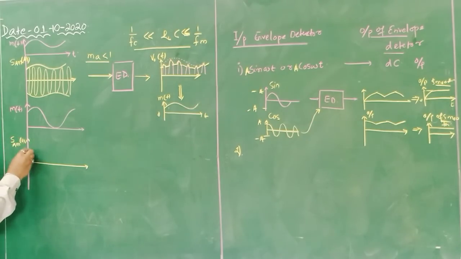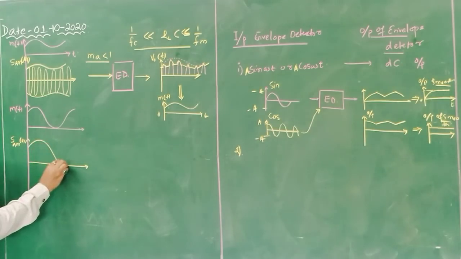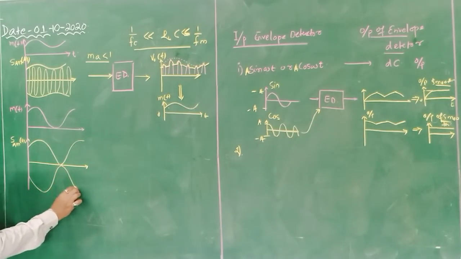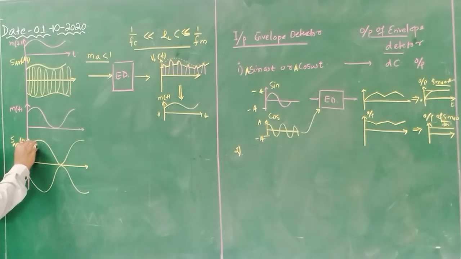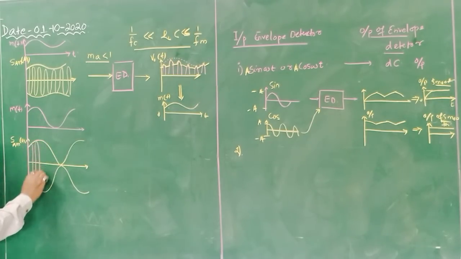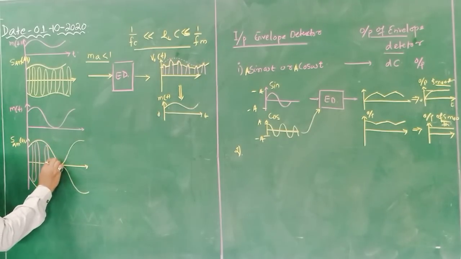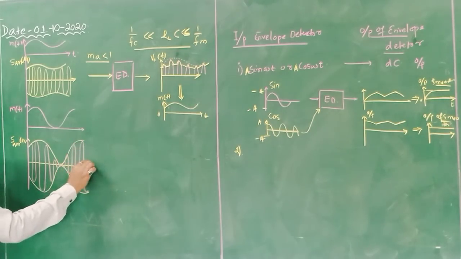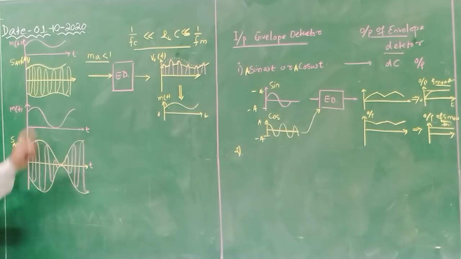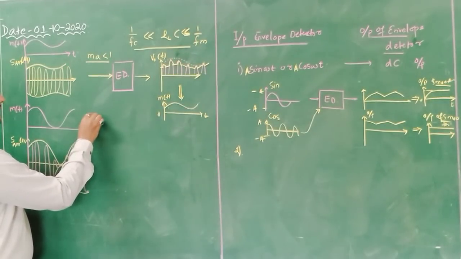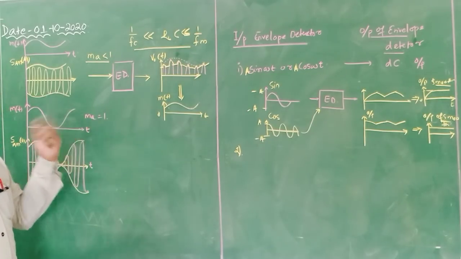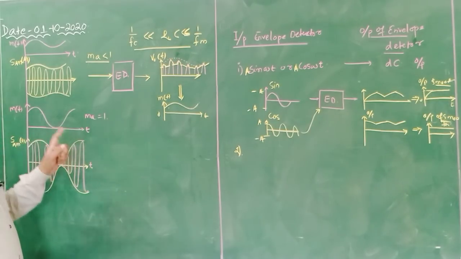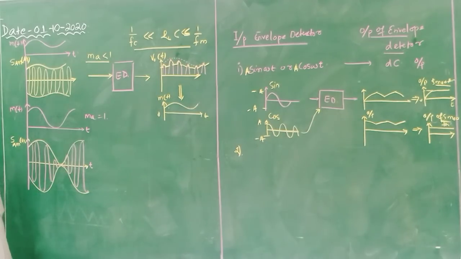My modulated signal will look like this, and your carriers are available here. Okay. This indicates the critical condition, meaning MA equals 1. When MA equals 1, the amplitude of the modulating signal and the amplitude of the carrier are the same. Then these particular AM modulated signals are generated.